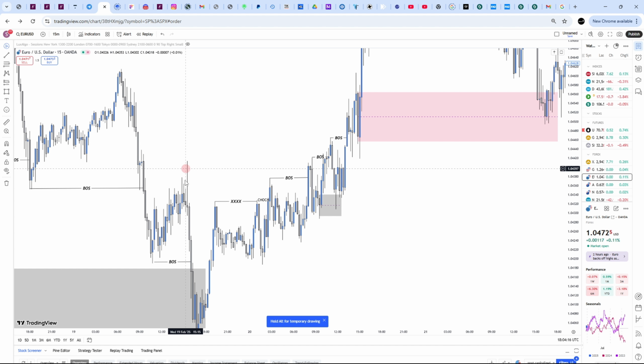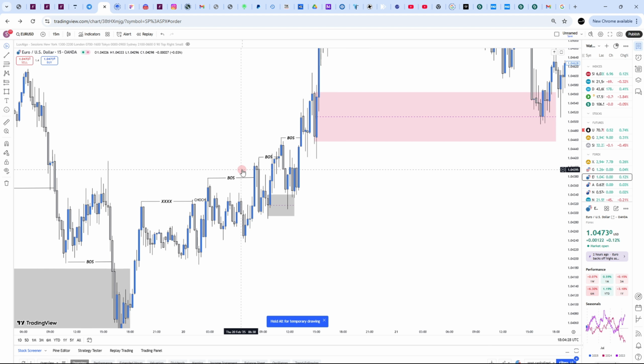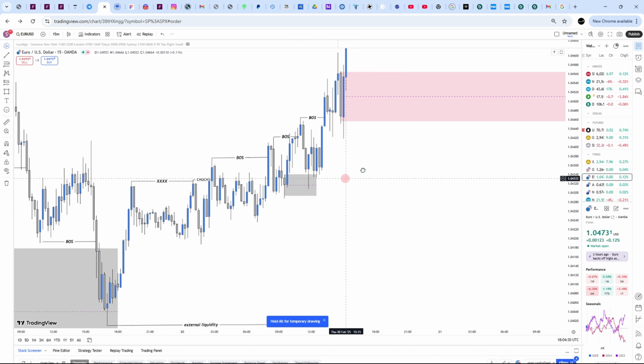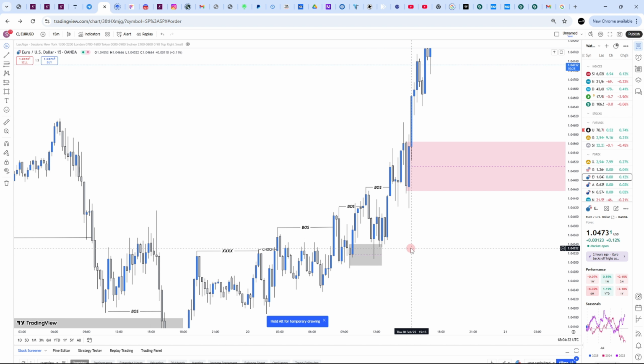The market retested into this order block, and then failed to break the lower low, and then broke this internal high, and then again broke this high. That was a good confirmation that the market is going to continue higher high, since the more power that it had was in an uptrend. So more pressure was in an uptrend.